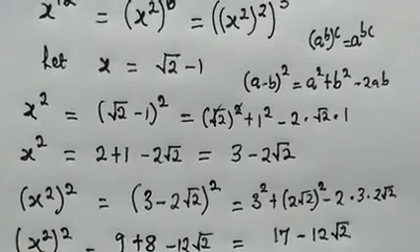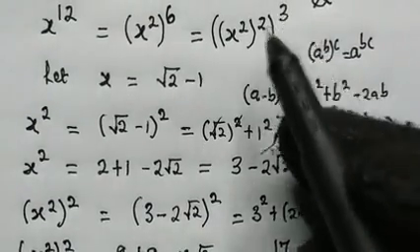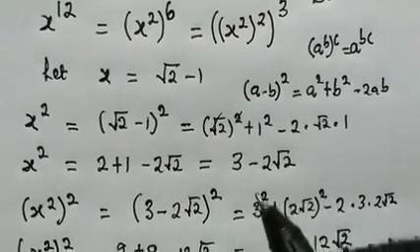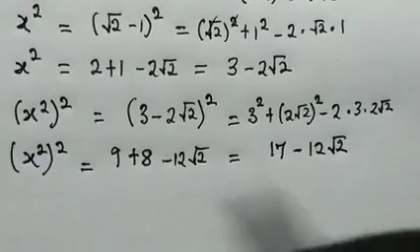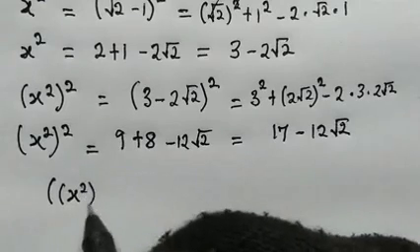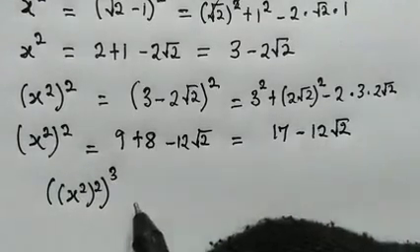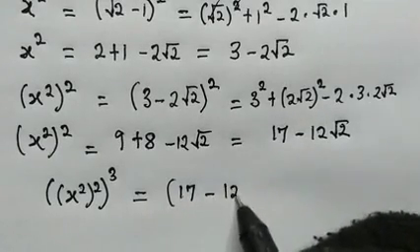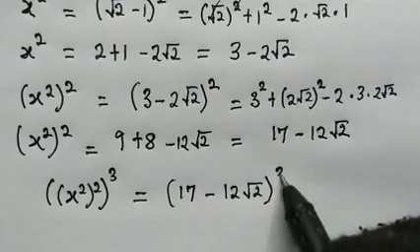Then our final step now is to cube both sides. We know that the square of x squared cubed will give us our right answer. So we're going to cube both sides. So here we have x squared squared then cubed. So this is going to be the cube of 17 minus 12 root 2, right?